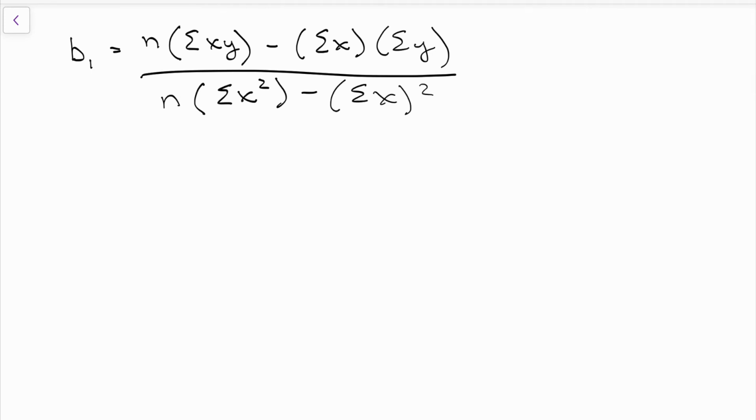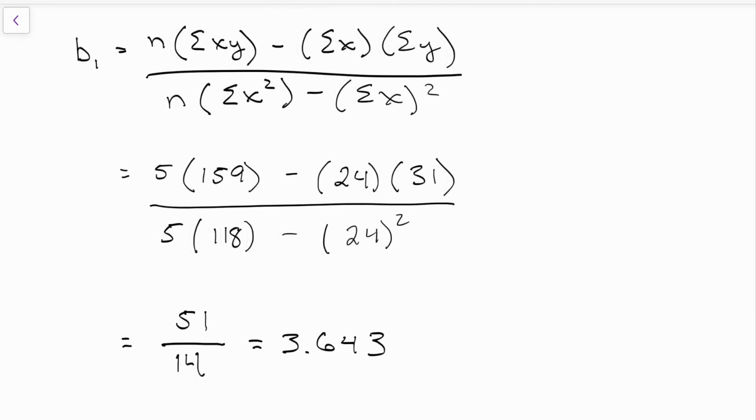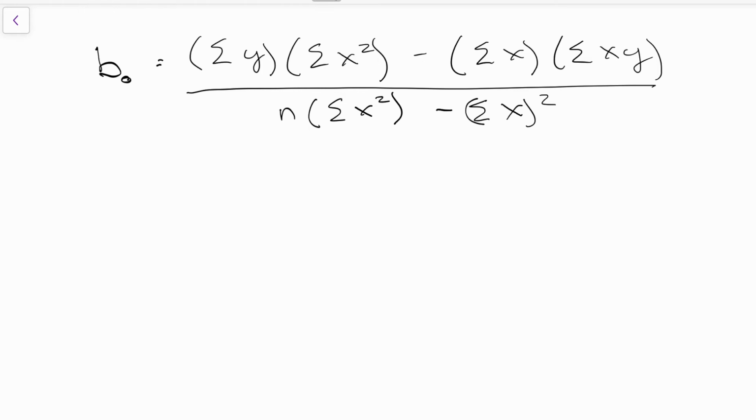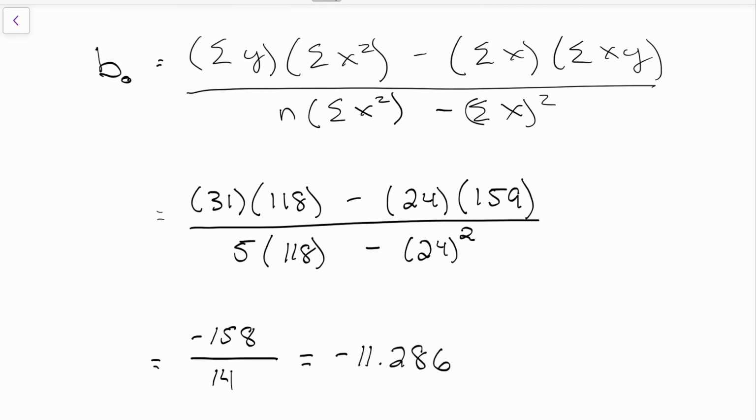If I recall my equation for b sub 1, I can plug in the values from the chart above, simplify the numerator and the denominator, and finally get a solution. To compute b0, we'll recall the formula, plug in the appropriate values from our table before, simplify the numerator and the denominator, and get a final answer for b sub 0.